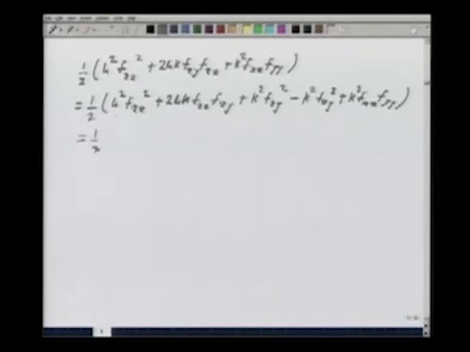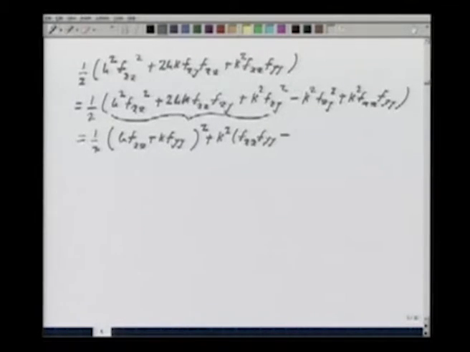Now the first terms together, they form a whole square, so I get h fxx plus k fxy whole square minus, I would write it as plus k square into fxx fyy minus fxy square. Okay. So this is the difference. So let me denote this as q of x y.